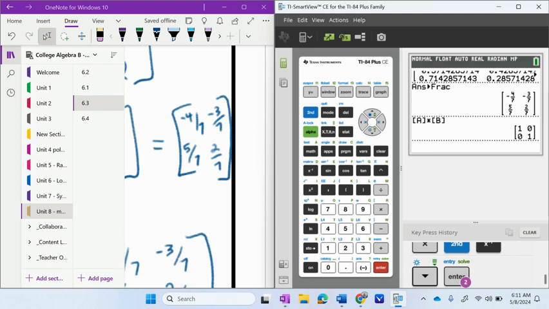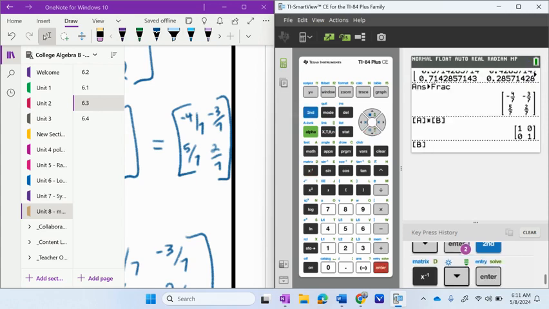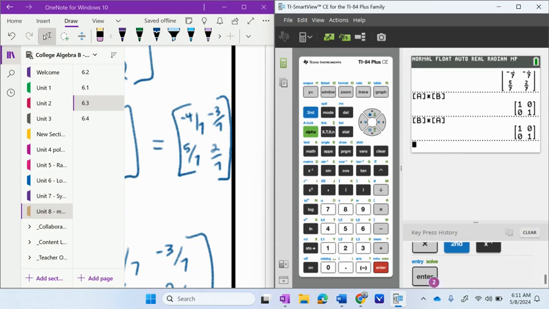Likewise, if I do matrix B times matrix A, I get the identity matrix. So that verifies that the two matrices are inverses.